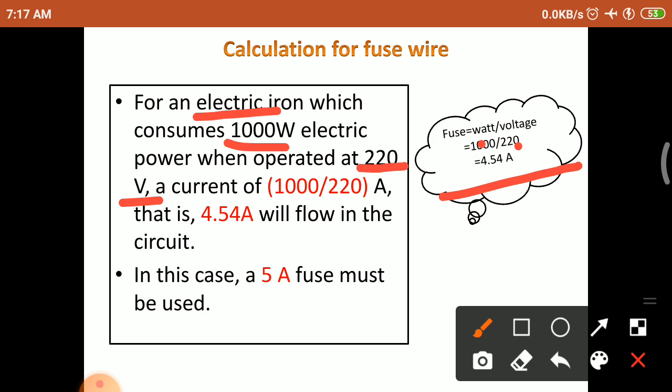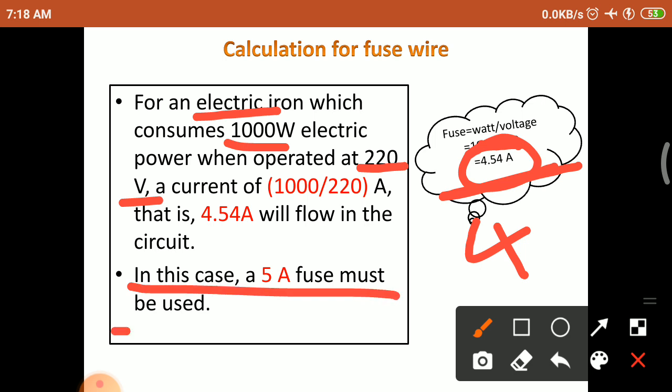If you divide 1000 by 220, you get 4.5 ampere. So you have to choose the 5 ampere fuse wire because it is nearly 5. If you got only 4, you could choose the 4 ampere fuse wire. So in this case, a 5 ampere fuse must be used.